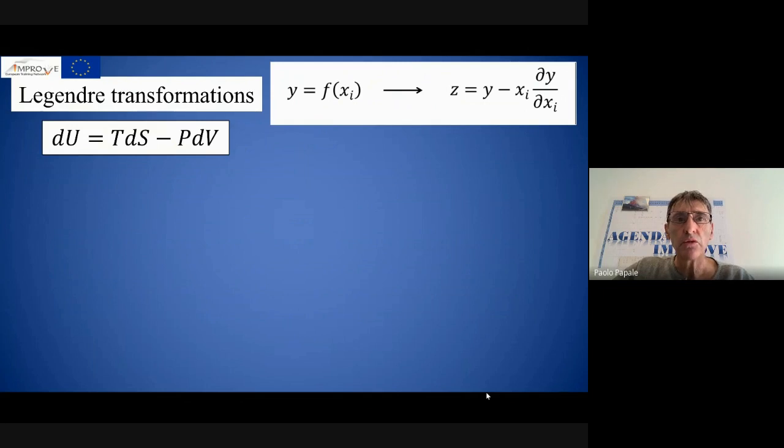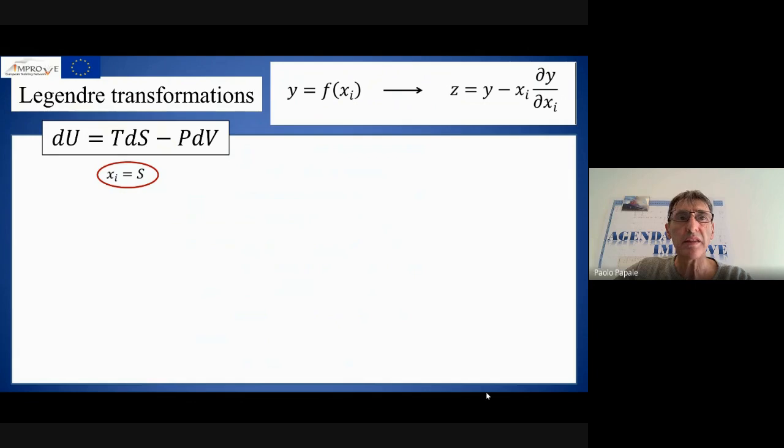Here, the fundamental expression for the internal energy is for simplicity reported for a reversible process, therefore with the equality sign. The internal energy is a function of the two variables, entropy and volume. Thus, x can be either entropy or volume. Let's say that x is entropy and apply the Legendre transformation.